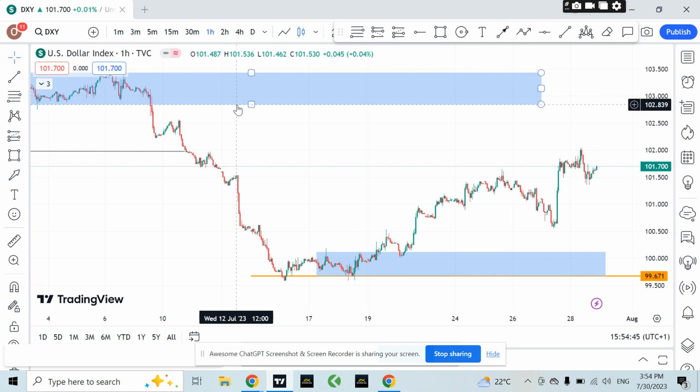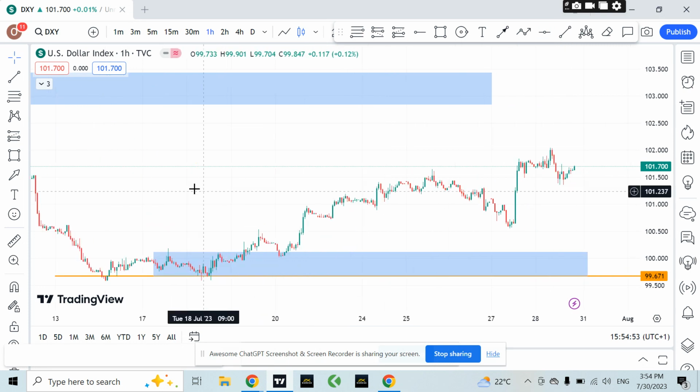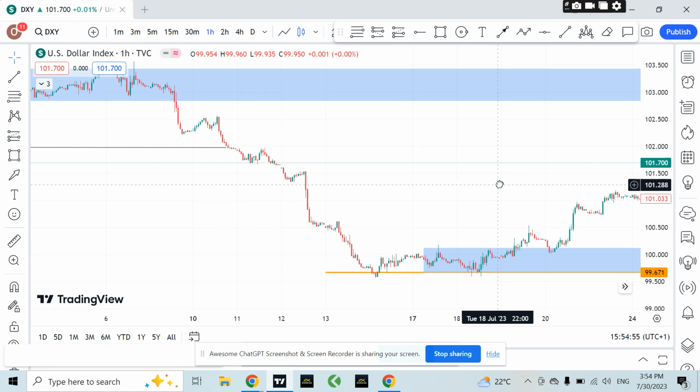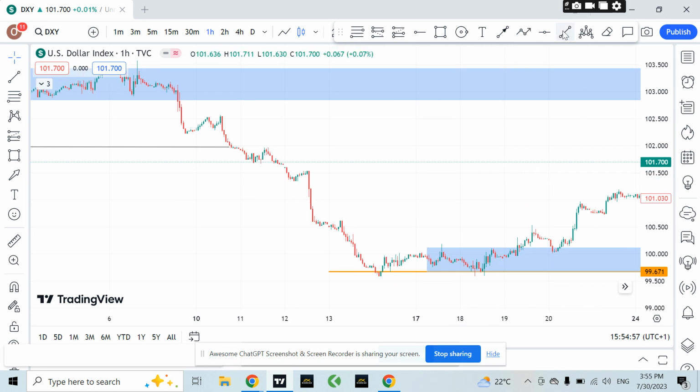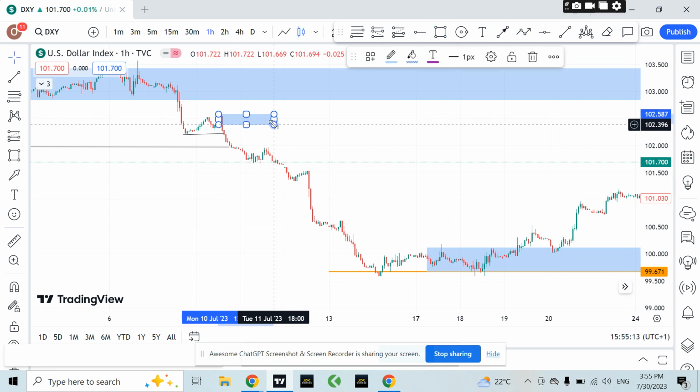So now we are on 1 hour time frame, and let me try to expand this, and I have a push here. I can see this break at this level, and this can actually be another key zone for me.